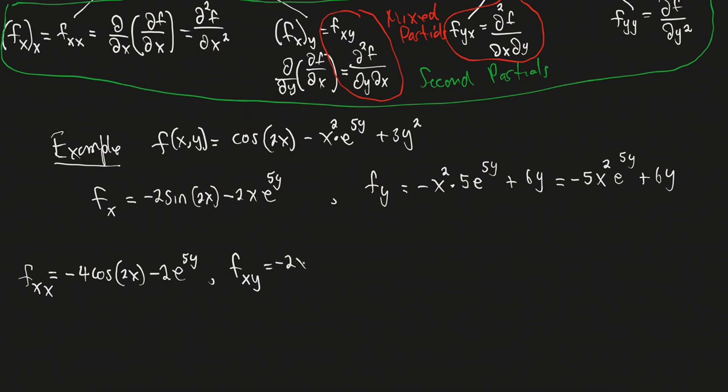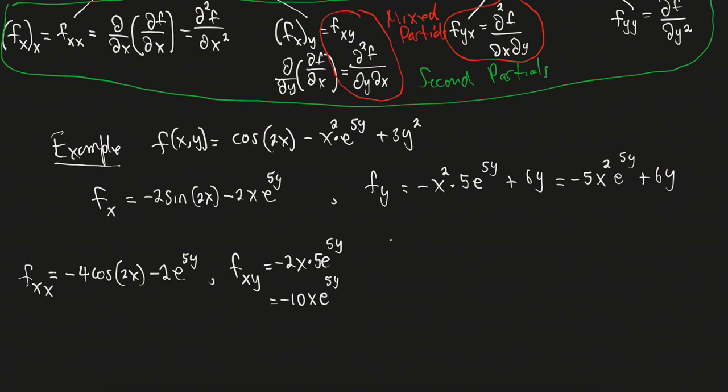And then I use my chain rule here, so I'll get times 5e to the 5y, which I can simplify as negative 10x e to the 5y, right? So this is our first mixed partial, where we first differentiated with respect to x and then with respect to y. And now we get to switch that around.